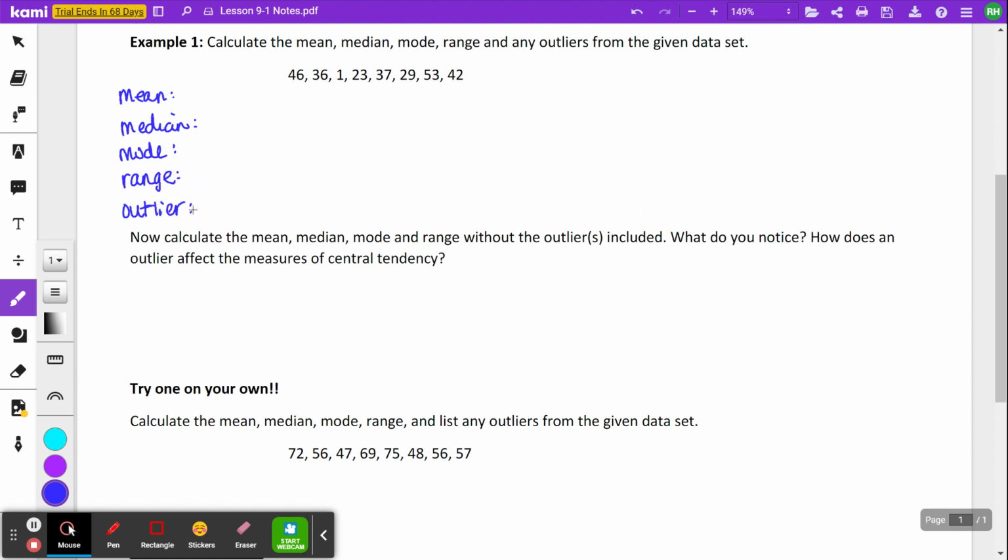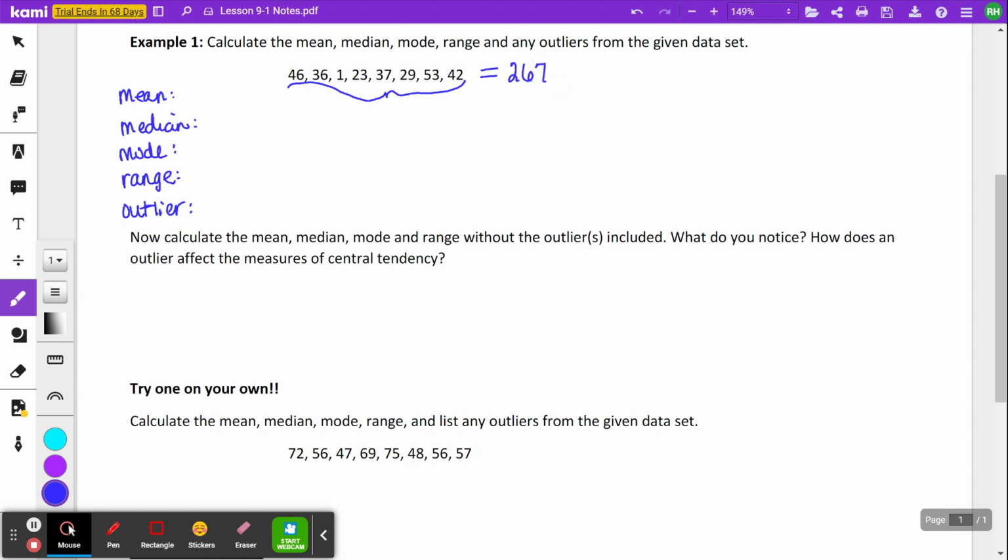Okay, so let's start with the mean, which means we need to add up all of our data values in the set. Okay, so take a minute here and type them into your calculator. Okay, hopefully you got that these together equal 267.